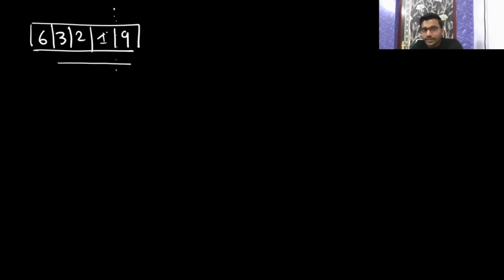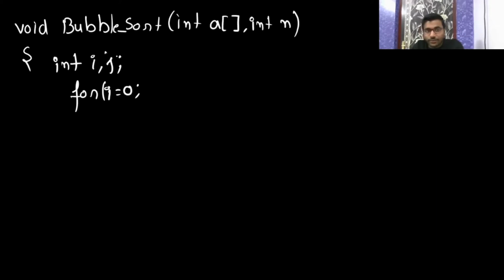In one iteration, one element gets sorted, then the second element, third element, so 4 iterations. The last one you don't need to iterate, because it will already be in the correct position. Are you getting that? So you require one less. So i should be smaller than n, not equal.